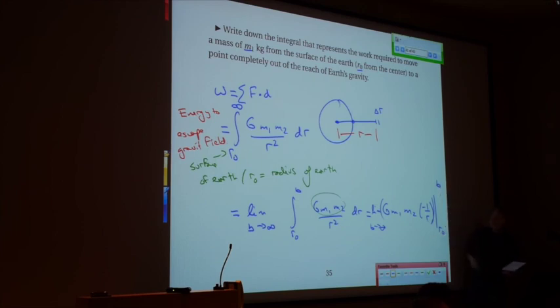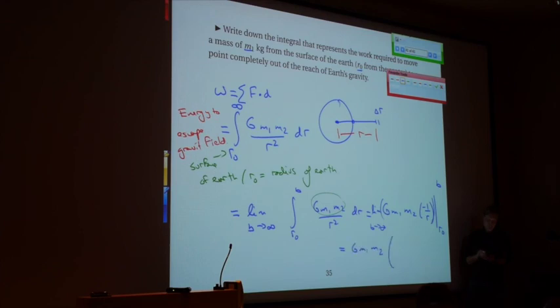So we copy that across. And that equals G m1 m2 times negative 1 over b minus negative 1 over r naught. Sub in the b, sub in the r naught.